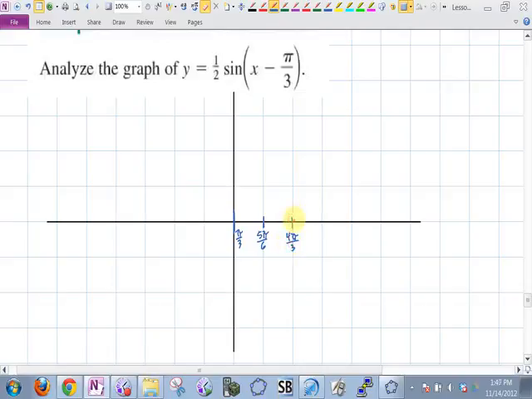So I am able to incorporate my shift, but I'm using distances of pi halves because that is more conducive to what my period is. And then label this 1/2, negative 1/2, and you just go bam, bam, bam. Totally different looking graph, but because of the way the axes are labeled, it is absolutely correct.